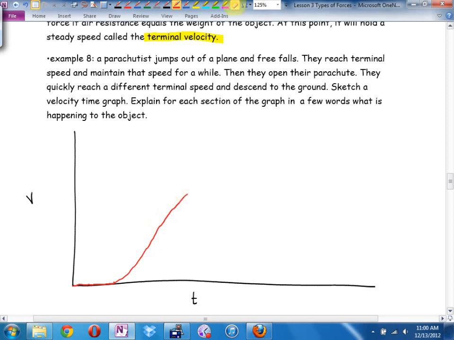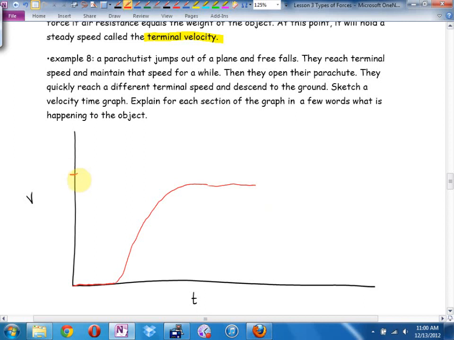Now, as I get faster, air resistance gets bigger, the acceleration gets smaller. Really what I should be drawing is something kind of like this, because eventually I'm going to level off at a constant speed. Here is free fall. I've hit terminal velocity right there.